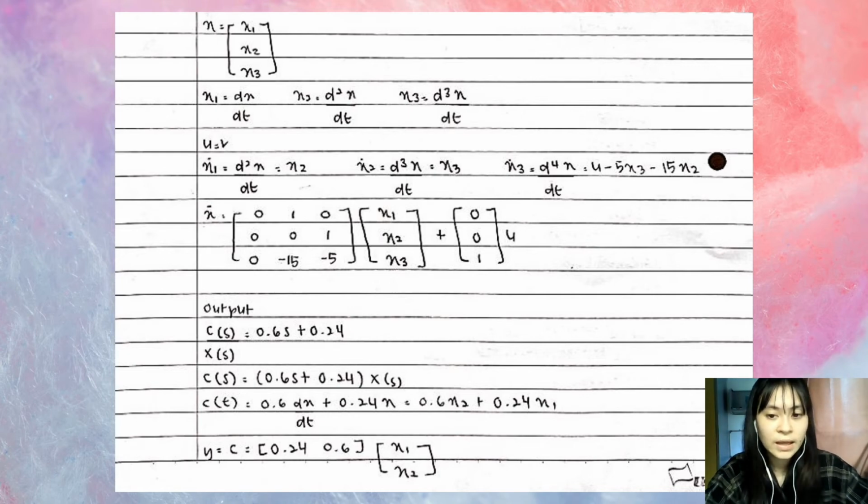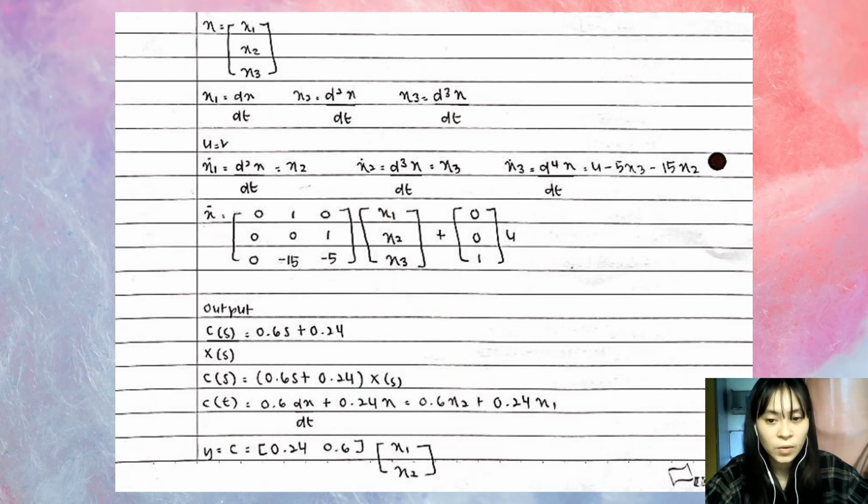Then we'll put in the numbers into matrix form as shown in the figure. Then the output is C(s) over X(s) equal to 0.6s plus 0.24. The equation will then be cross multiplied and differentiated, and it will produce 0.6x2 plus 0.24x1.